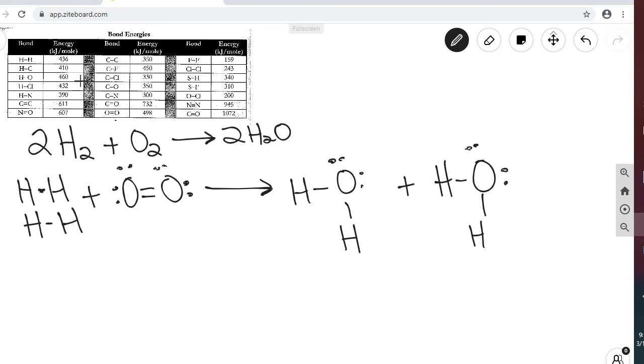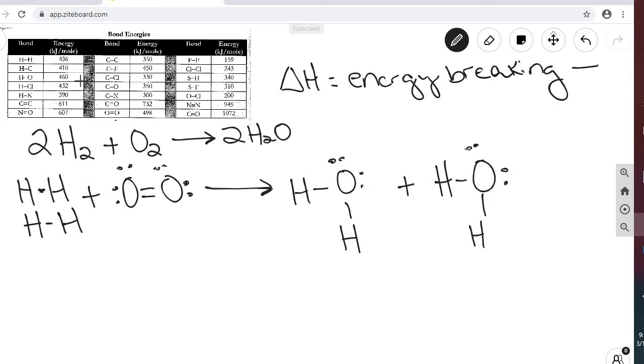Okay, so if we want to look at the enthalpy of this chemical reaction, delta H is equal to the energy of breaking the bonds minus the energy of forming the new ones.